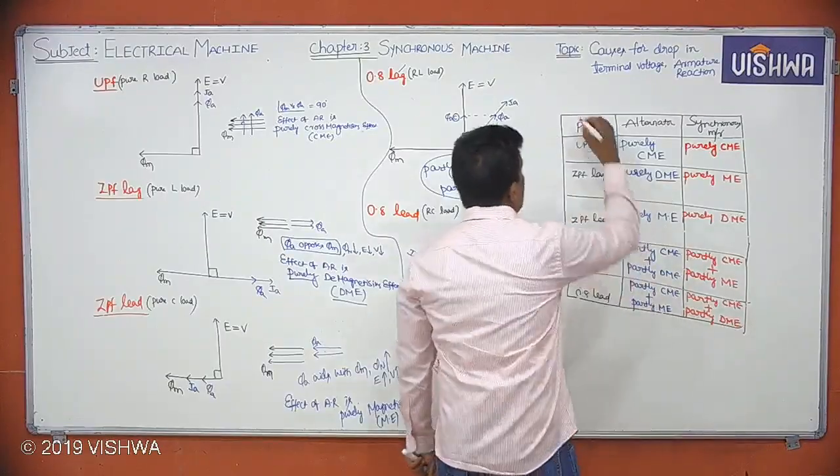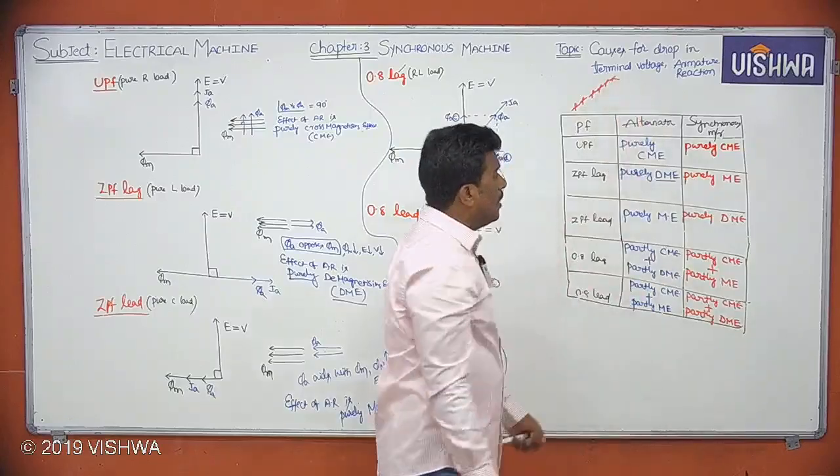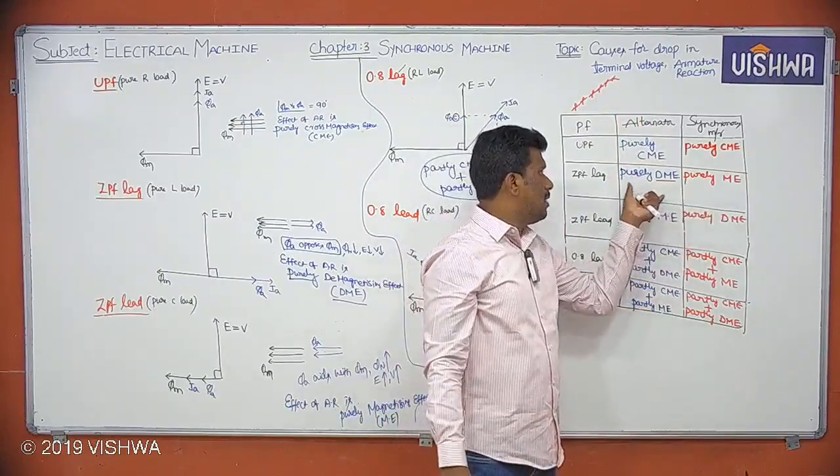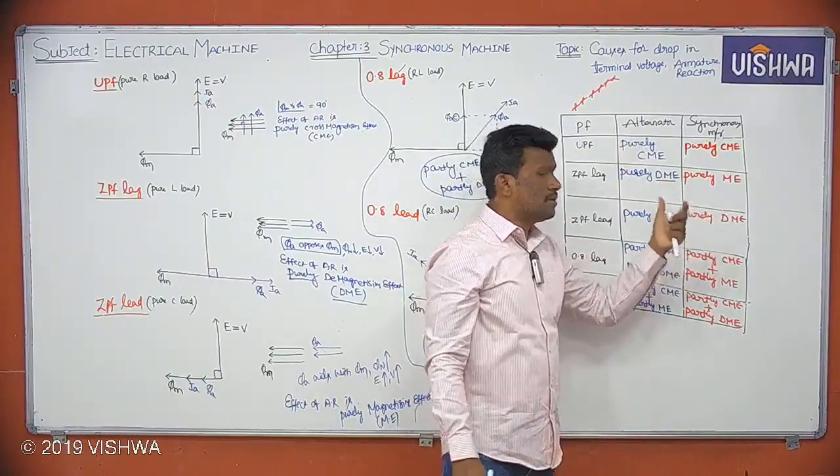Okay, so this is a very, very important table column. First complete this table column, then I will explain once again how, if it is DME, it is ME, and if in the case of alternator it is ME, why it is DME. All this I will explain.